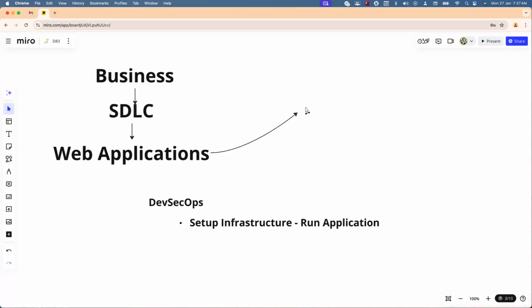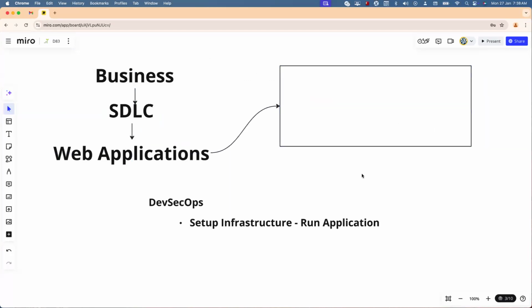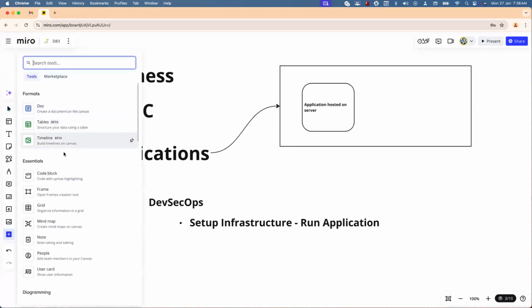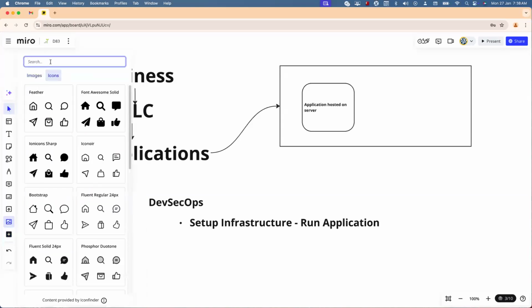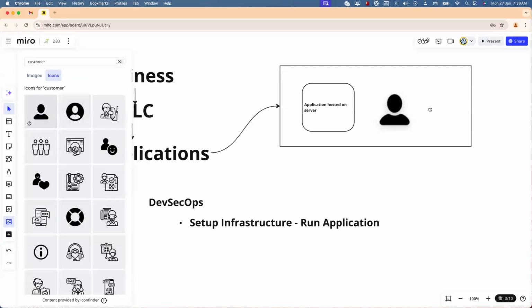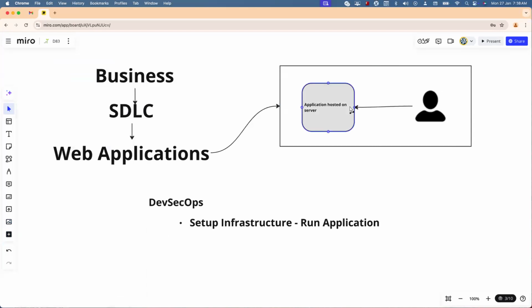This means you're going to have your application hosted on a server, and a customer will try to access our application.